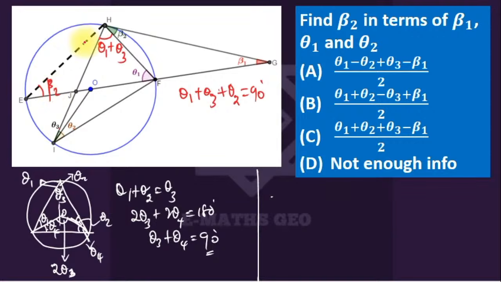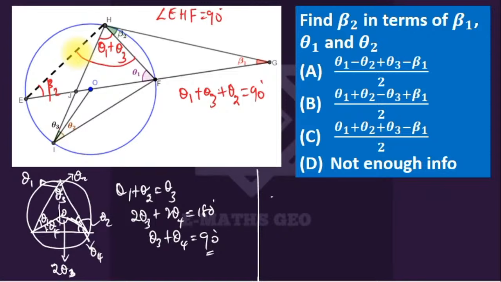So we now have this triangle, this whole angle is 90. Angle EHF is 90 degrees based on Thales theorem. Do you remember? Yes, so all this angle is 90.